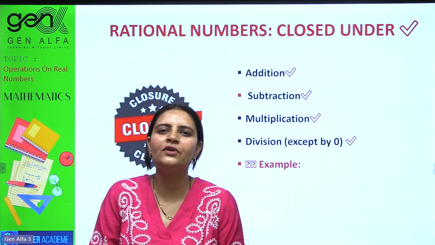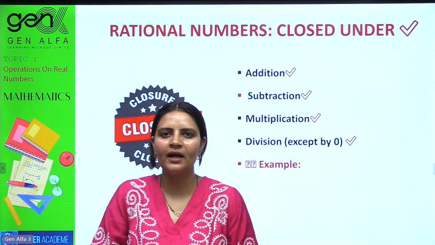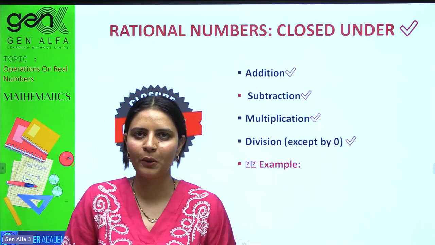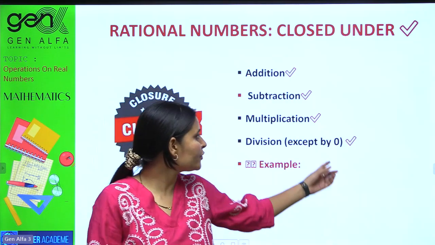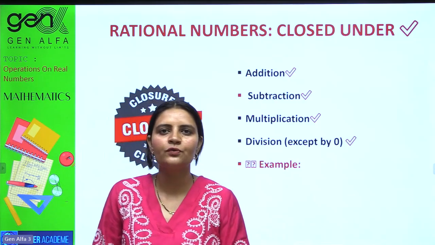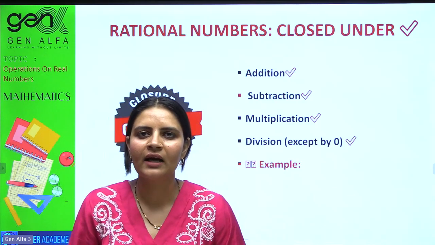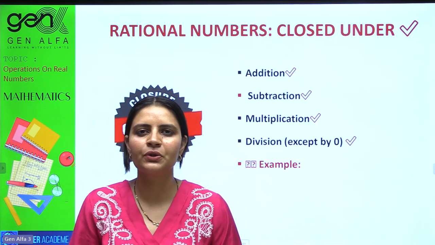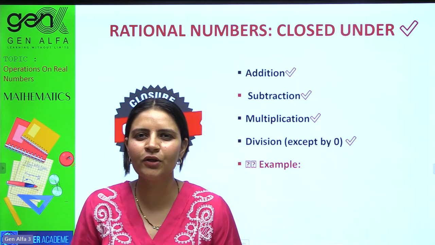What if you subtract them? What if you multiply them? What if you divide them? But the only condition is, in the case of division, 0 should not be there. Otherwise, that would not be counted as rational numbers because q should not be equal to 0. That is very obvious.